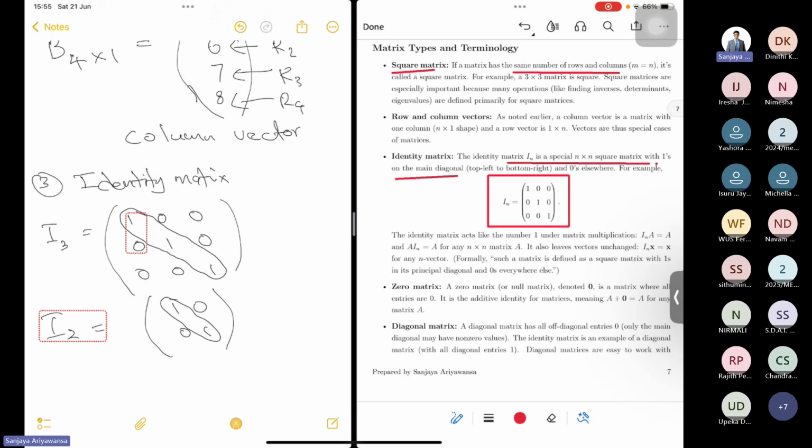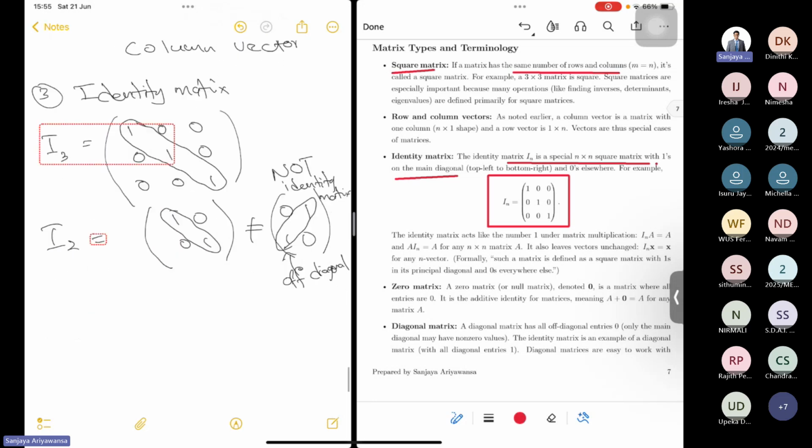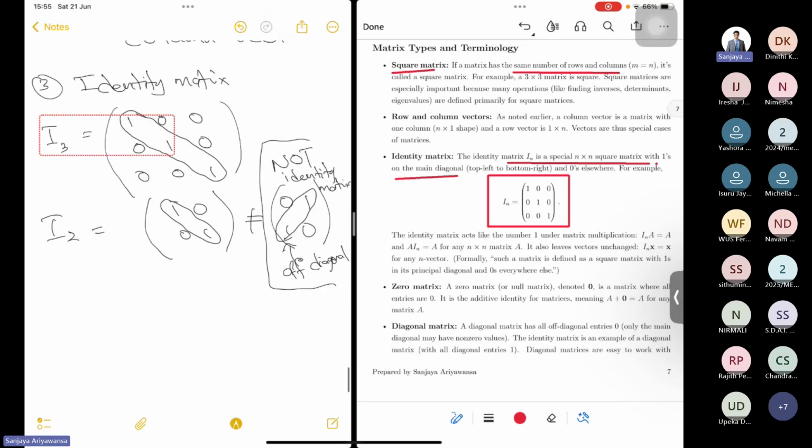This here is not an identity matrix. The ones have to be in the main diagonal. What we call here is off diagonal, right? So this is not an identity matrix.